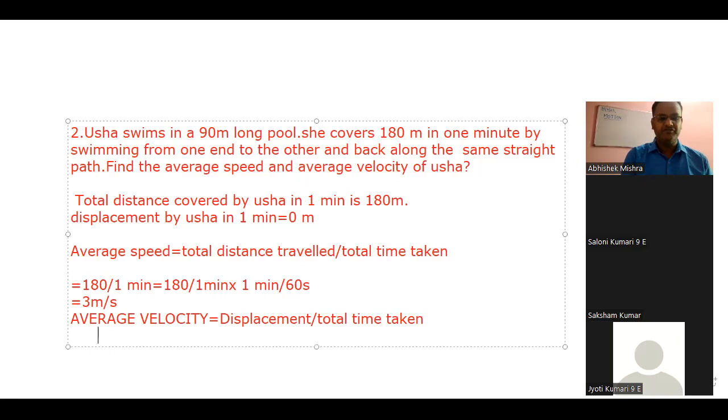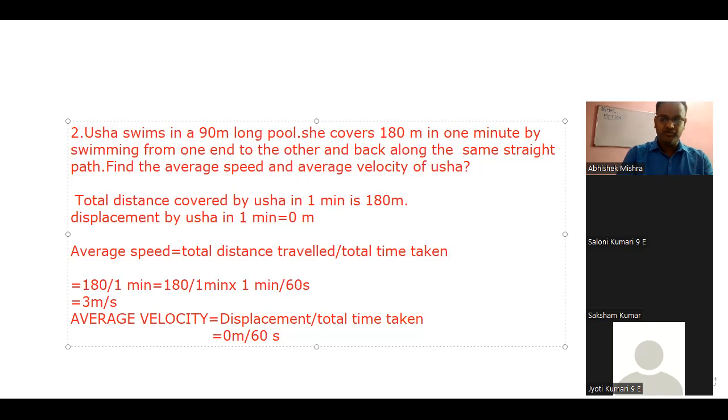Okay, so students, what will be the value of displacement in this case? If you are talking about the displacement, what will be the value of the displacement? Okay, very good. 0. Correct. It is 0 meter divided by time taken, which is 1 minute, 60 seconds.